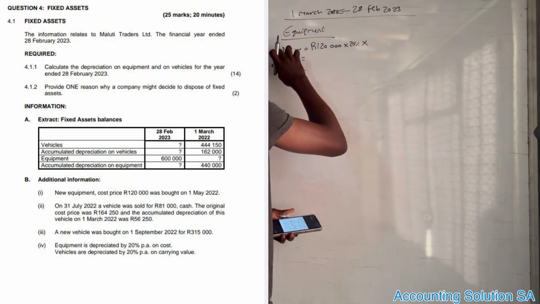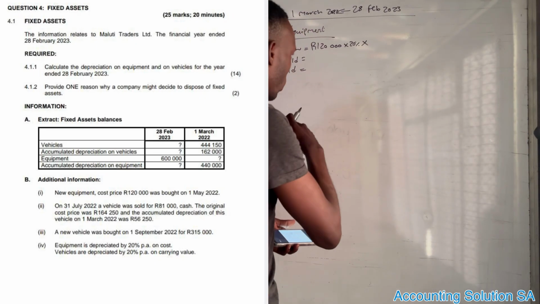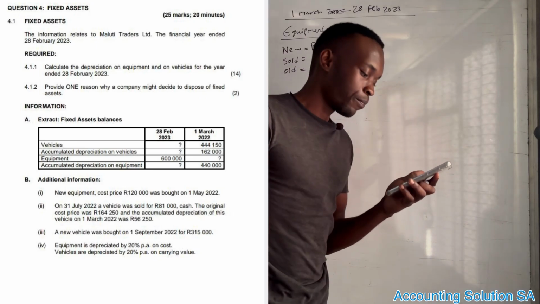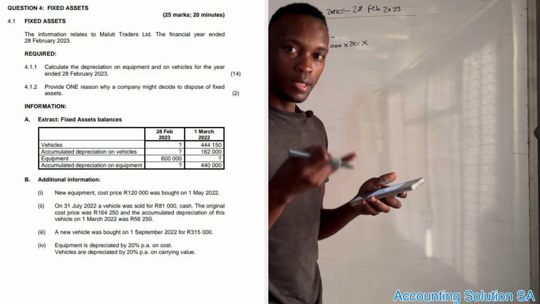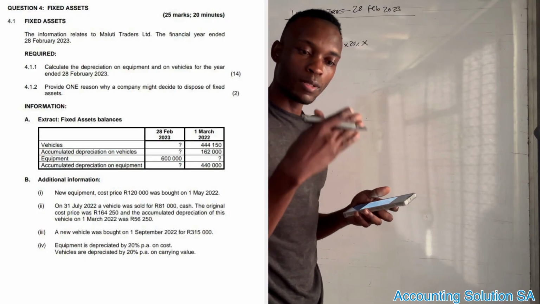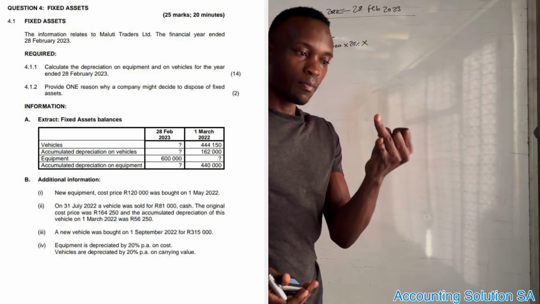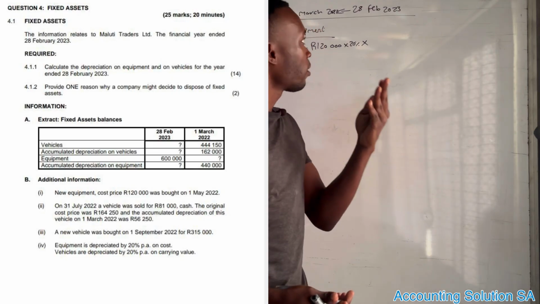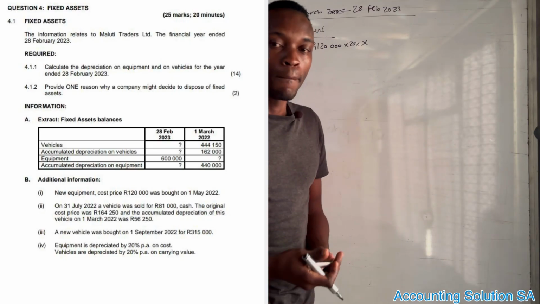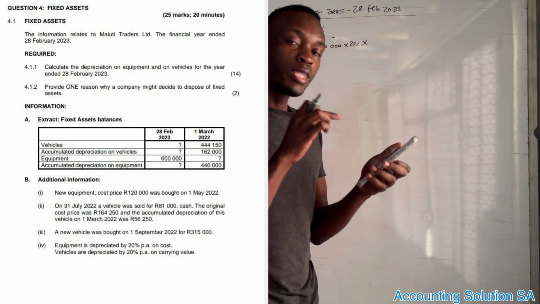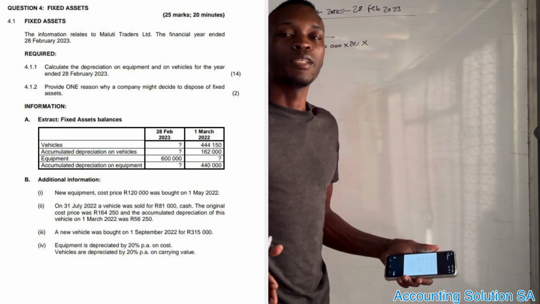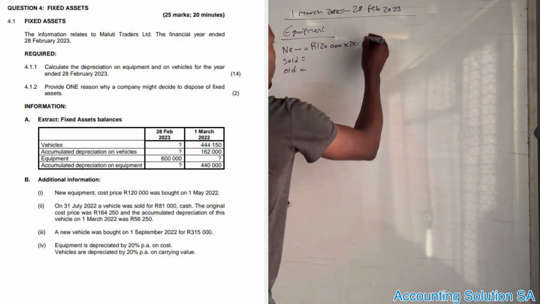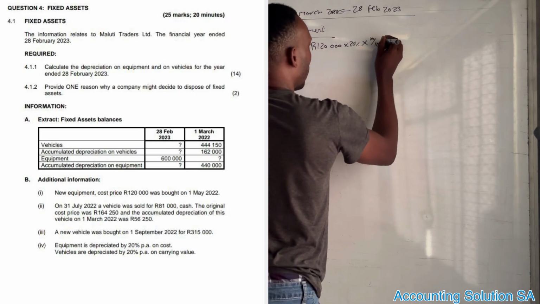On the new and sold, you count months. Old, you don't count. Okay, from 1 May, guys, up to year end is going to be May, June, July, August, September, October, November, December, January, February. 10 months. But guys, if they give you 30 May, you don't count May because May is already finished. Okay, 10 out of 12.